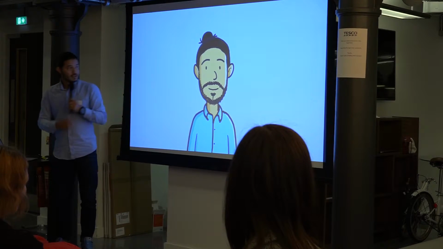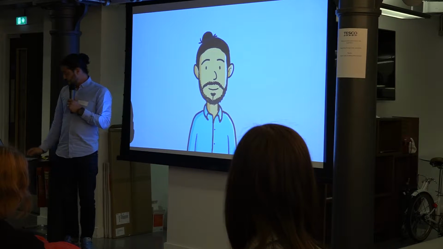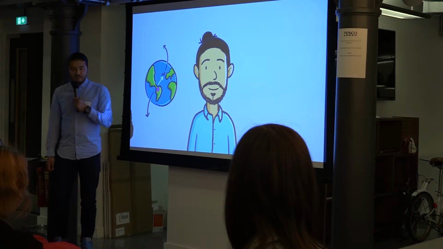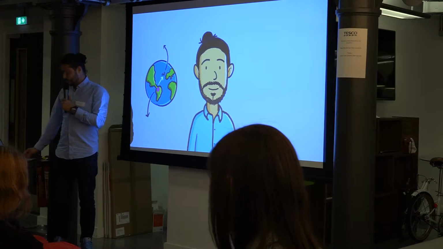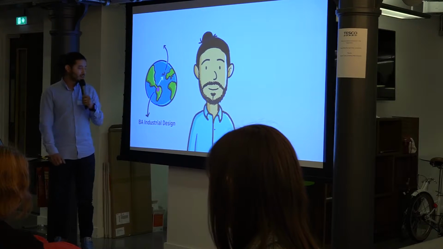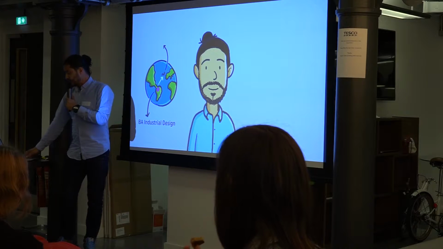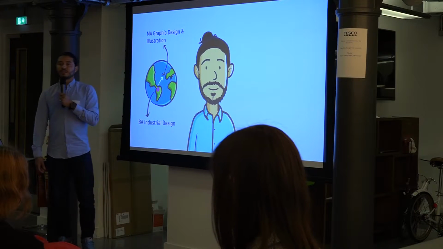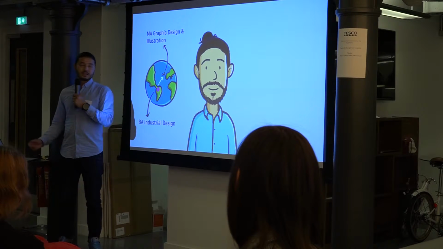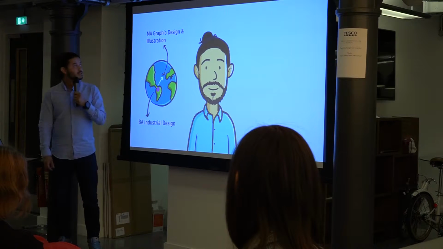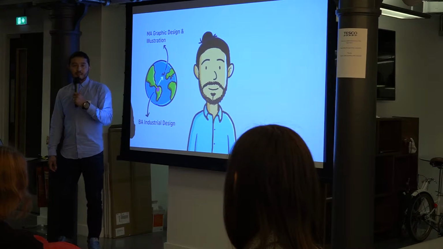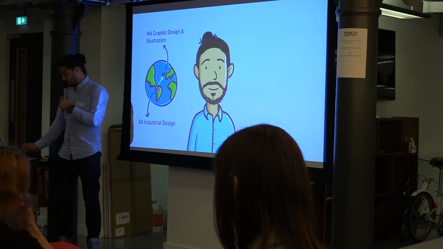Sure. Yeah. So a little bit about me. I'm originally from Colombia, and my background is in industrial design. I studied back in Colombia, and then in 2004 I moved to the UK, and later in around 2009 I did an MA in graphic design and illustration.